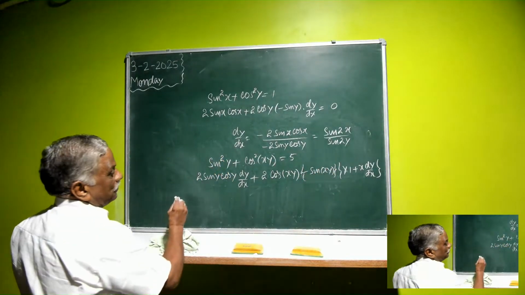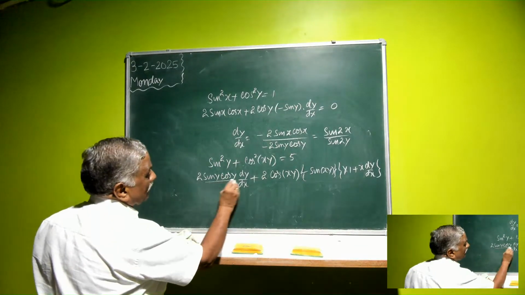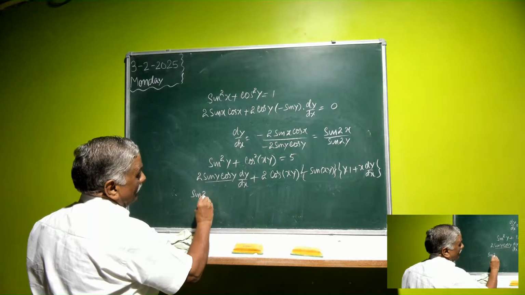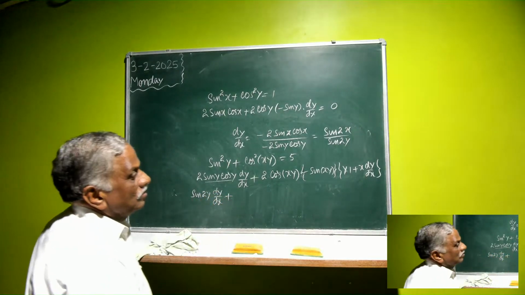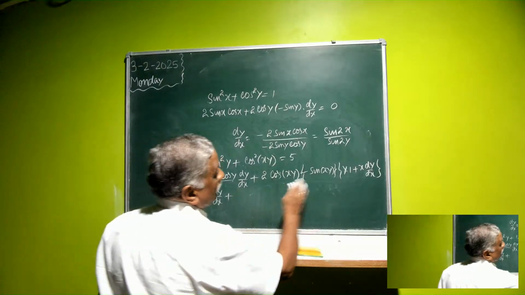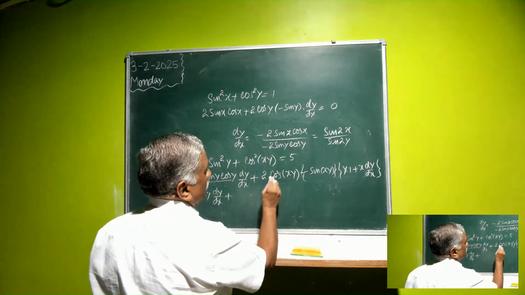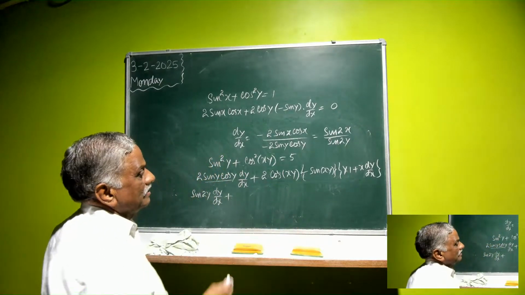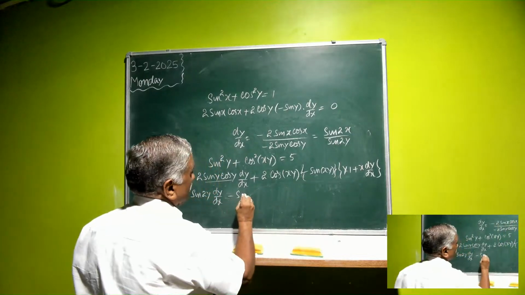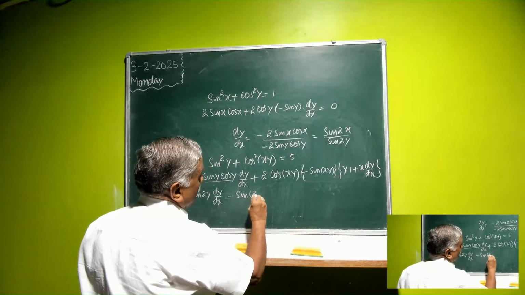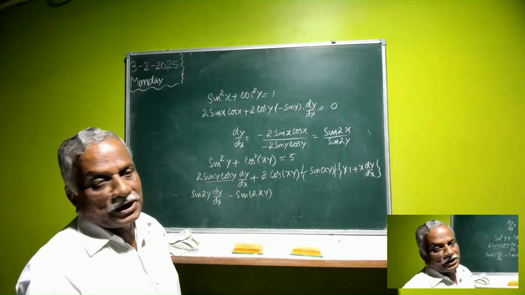Now we are going to simplify. If you want, you can write 2 sin y cos y as sin 2y, dy by dx. Plus, you need to multiply here. So this is 2 sin xy cos xy, minus sign is there, you set the minus sign outside, sin 2xy. 2 sin a cos a is sin 2a.